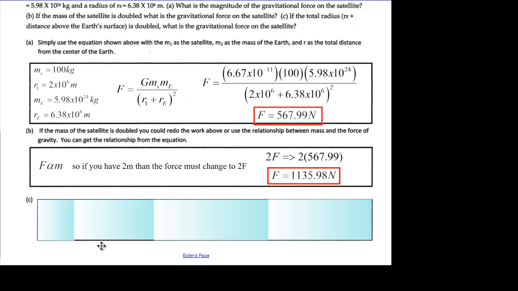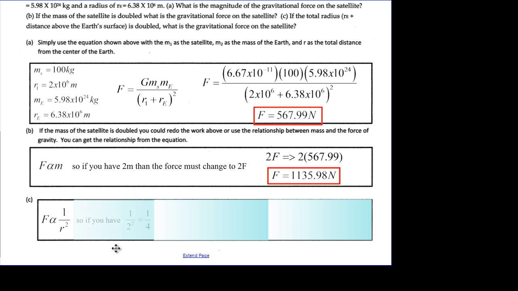Part C wants us to know if the total radius RE plus the distance above the Earth's surface is doubled. And that should say RS actually. If the total radius, the distance from the Earth's center to the satellite, is doubled, what is the gravitational force on the satellite? Well, remember it's an inverse square.